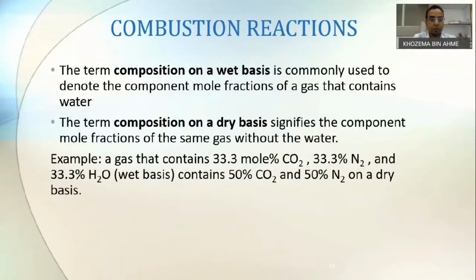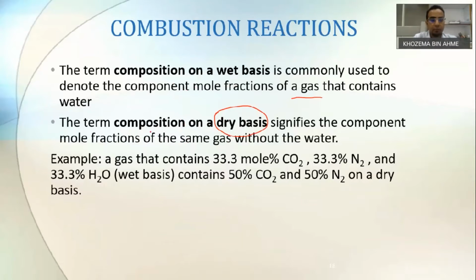The term composition on a wet basis is commonly used to denote the component mole fraction of a gas that contains water. So if we include all the products in our stack gas, including water, we'll have the composition on a wet basis. But if we remove the water, then we'll have a dry basis.